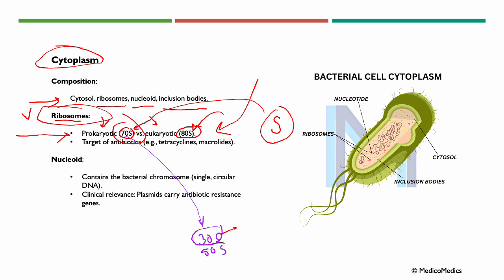And the 50S subunit is where transfer RNA molecules bind and amino acids are linked together to form the growing protein chain. One example would be E. coli.